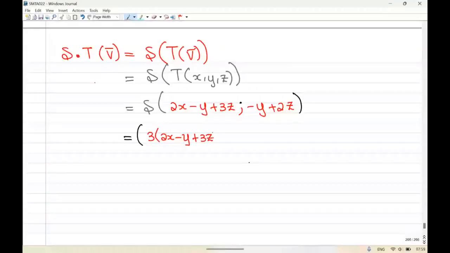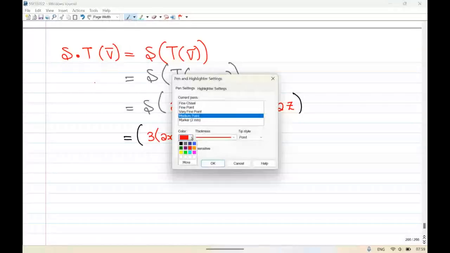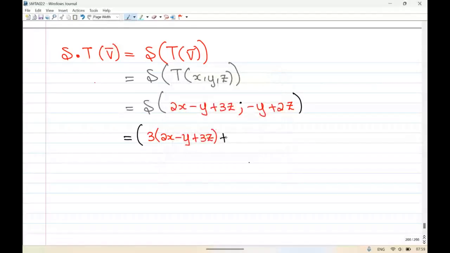After that, close it. Then what's the other part? Plus, and then open the bracket, it's supposed to be negative y plus y, but our y is now represented by this. Then you write this inside the bracket: minus y plus 2z. You close this. This is the first element.